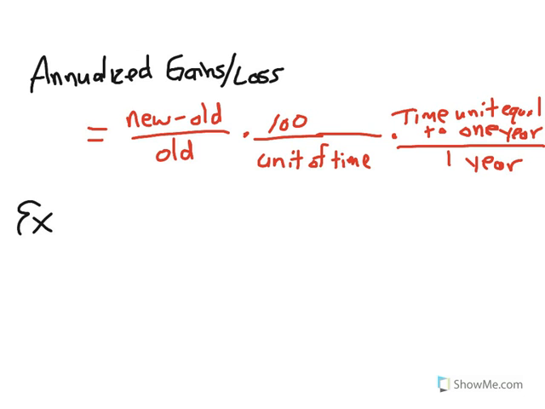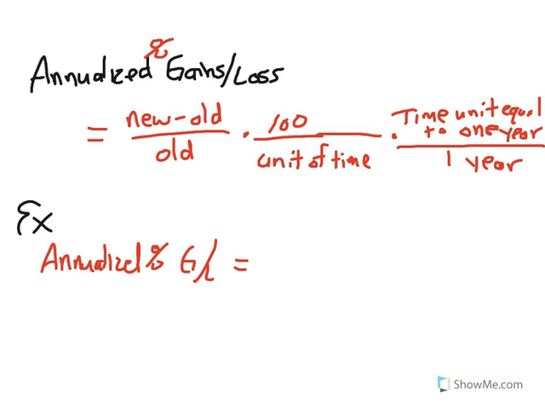Example 1 says that CF Industry Holdings was $111.50 on February 11th. It went up to $131.50 by February the 25th. We need to find the annualized percent of gains or losses.